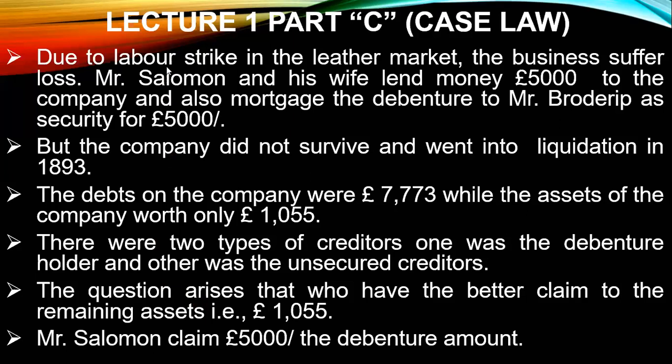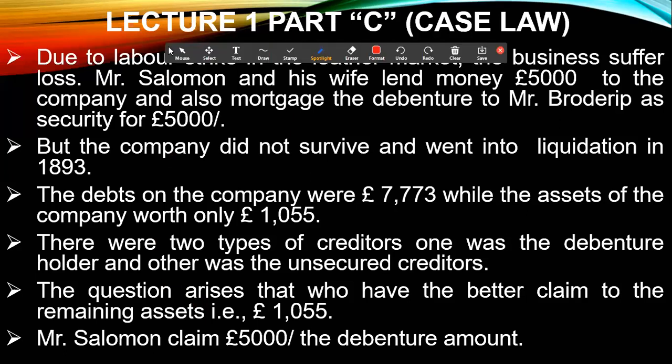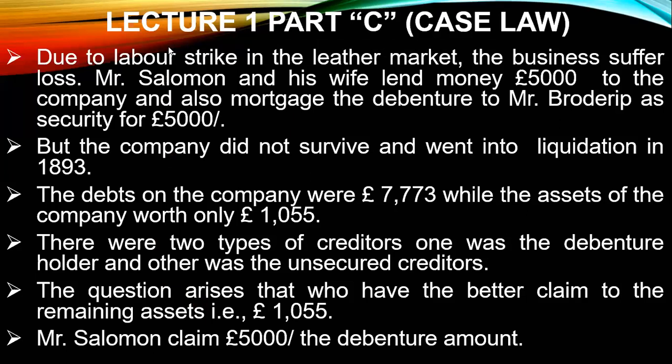Then there was a strike in the labor market, due to which there was a depression in the leather business. Due to this depression, there was a loss to the company. The business suffered loss.